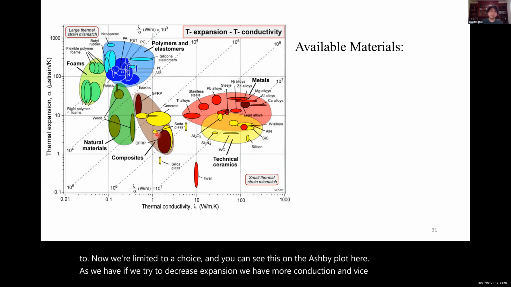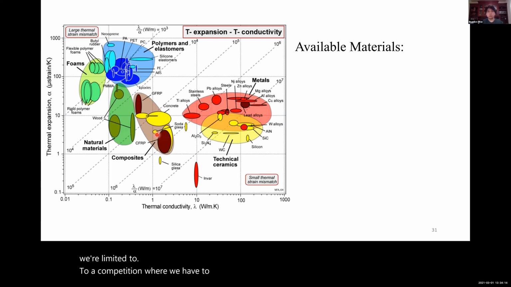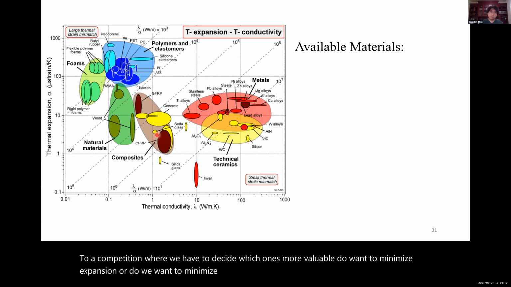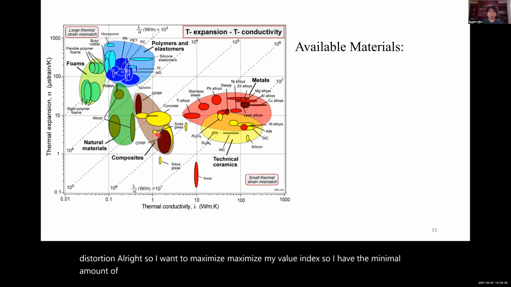So now we're limited to a competition where we have to decide which one's more valuable. Do we want to minimize expansion, or do we want to minimize conductivity? For this problem, I want to minimize distortion. All right, so I want to maximize my value index, so I have the minimal amount of expansion while having an acceptable amount of conduction that I have to work with.